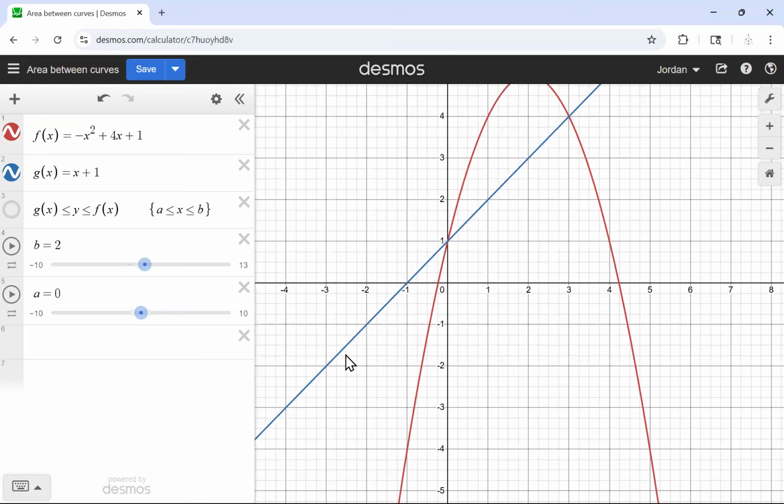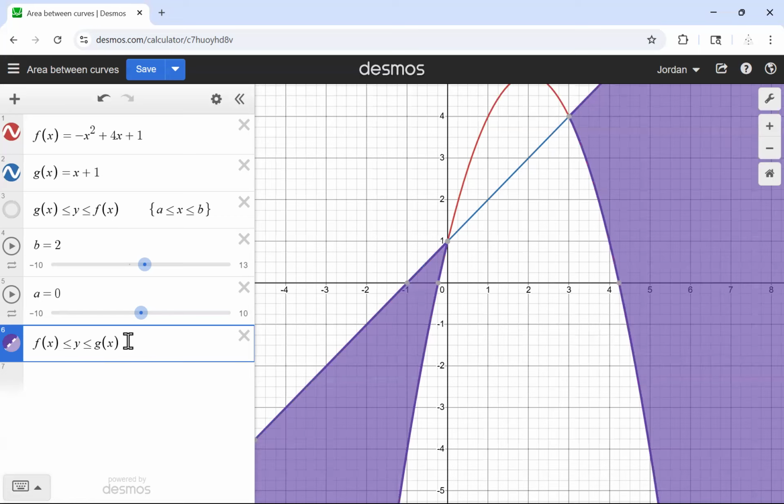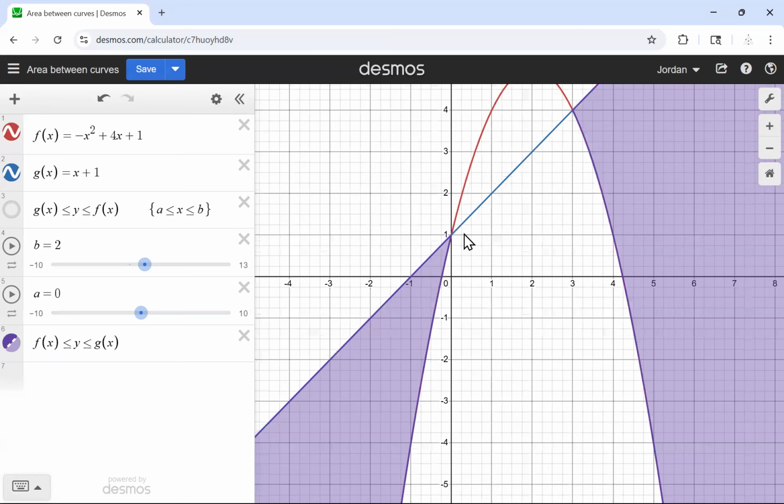There's this region in here where the line is above the parabola. So in other words, where this purple region here, the line is above the parabola, but it's not bounded.